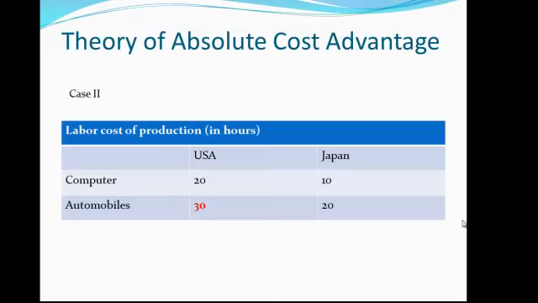But by exporting to US, Japan has to give up only 1.5 automobiles to get one computer. The domestic exchange ratio for USA is 1:1.5 only. So its gain comes from specializing in computers and exchanging computers for automobiles in Japan.